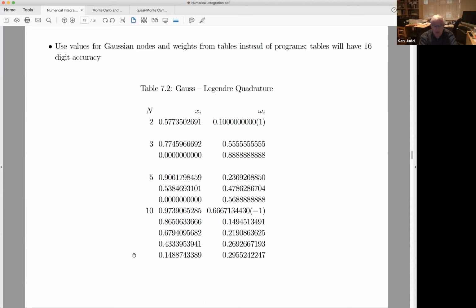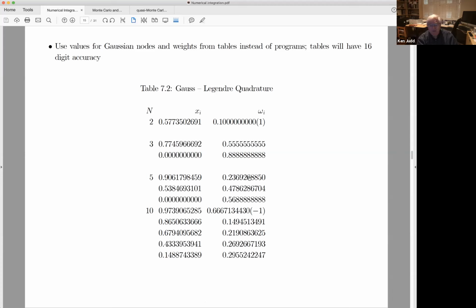The tables are available, and you just list the tables. And by the way, all of these numbers are, I must have cut them off. What's the precision here? Okay. These only show 10 digits.